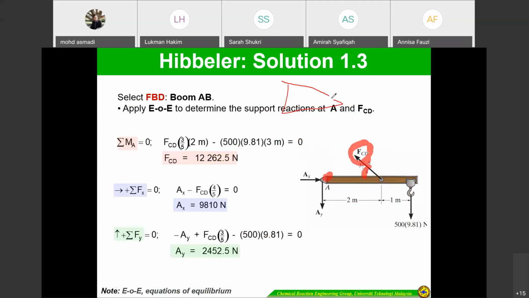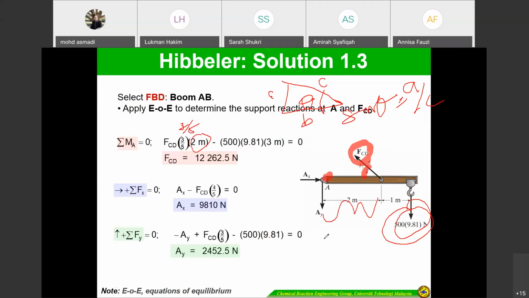Remember the trigonometry, A, B, C: sin theta is equal to A divided by C, so this one is 3 over 5. Sin theta times 2 meters, minus 500 times 9.81 for gravity and the distance of 3 meters. So we can get FCD.